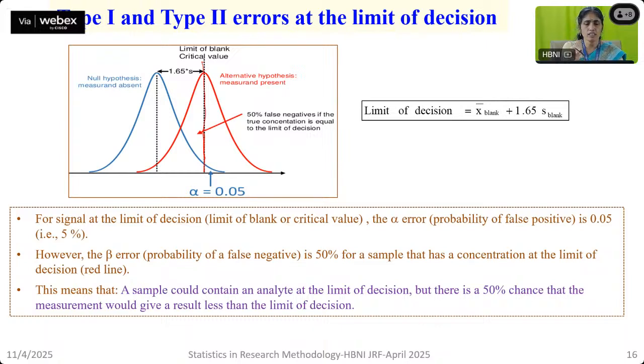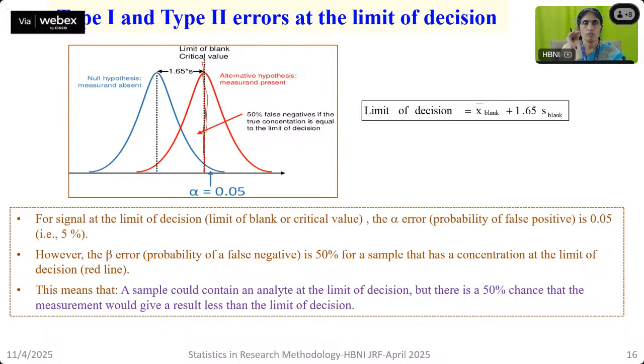So the false negative, or type 2 error, is around 50% if you are at this dotted line of decision making. At the limit of decision, the chance of committing alpha error is only 5%, but the chance of committing beta error, falsely concluding that the analyte or measurement is absent, is 50%.